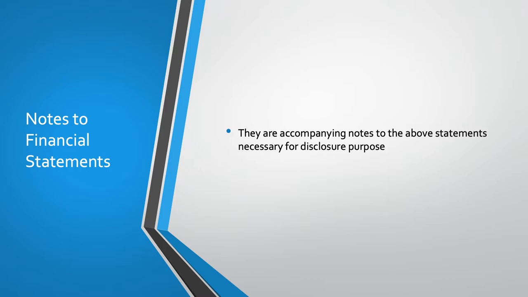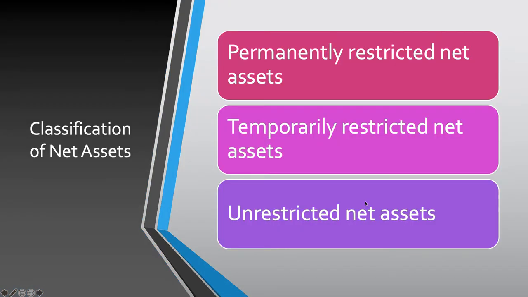We have 3. Temporarily restricted and permanently restricted. Okay, thank you, Andrea, Regine, Michelle, and Princess. So the classifications would be permanently restricted net assets, temporarily restricted net assets, and unrestricted net assets.